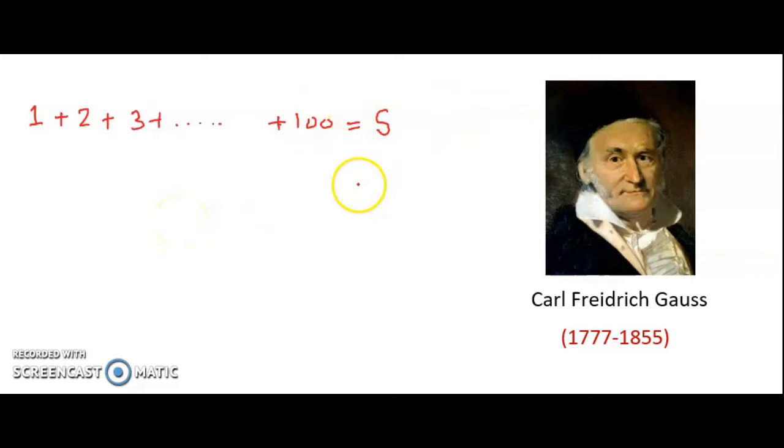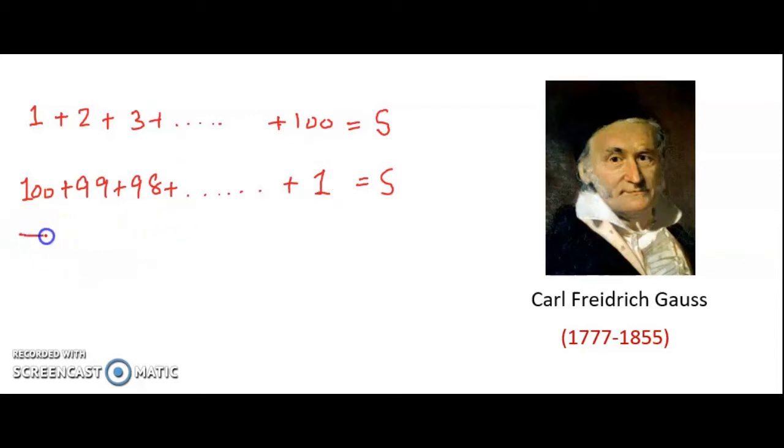Now again he wrote the same series, but in the reverse way. He started from 100, then 99 plus 98 plus up to 1. So here we get two series.